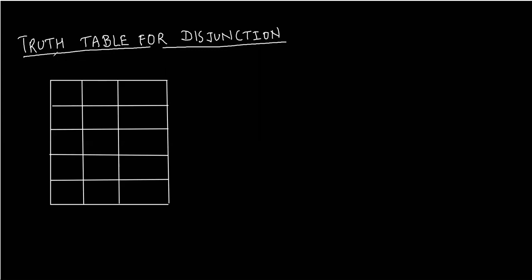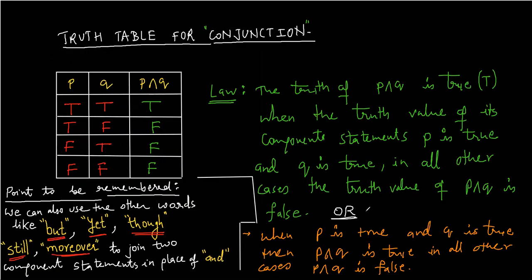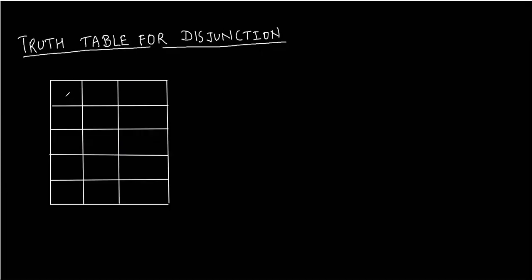So students, we will now study the truth table for disjunction, as we had done the truth table for conjunction. Here I have the two statements.